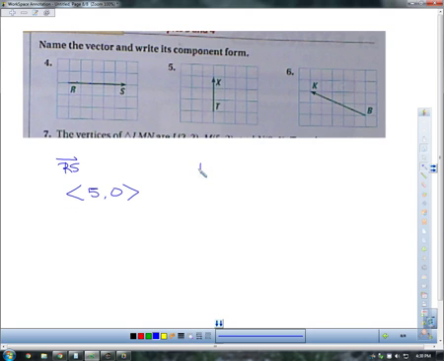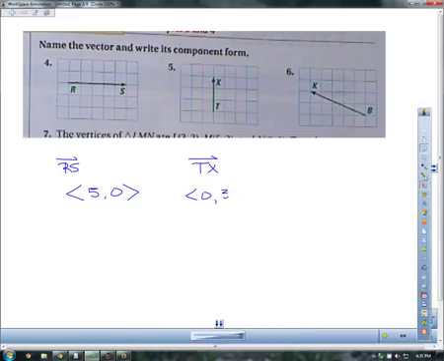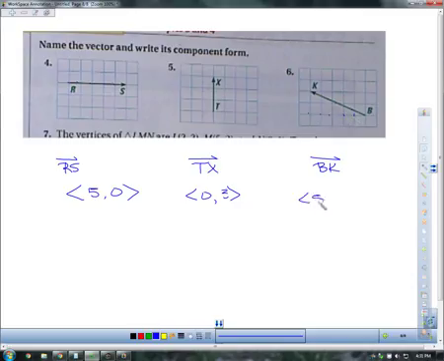This next one is TX, and it has no horizontal change, and the vertical change is 3. And then last but not least, this would be DK, because I start at my initial point and end at my terminal point. We changed horizontally 1, 2, 3, 4, 5, and we increased our vertical component by 2. So there's your vectors.